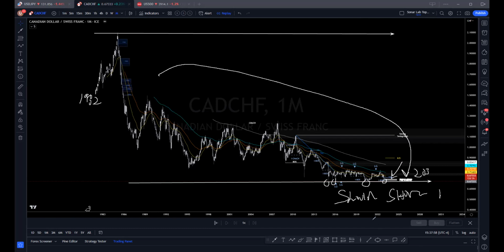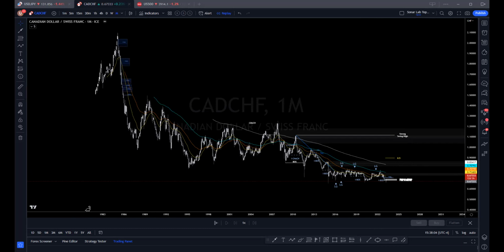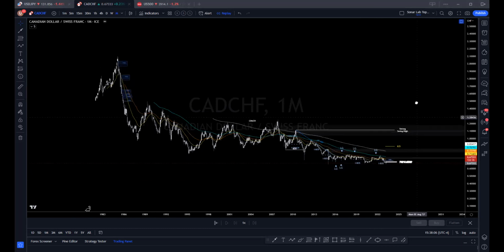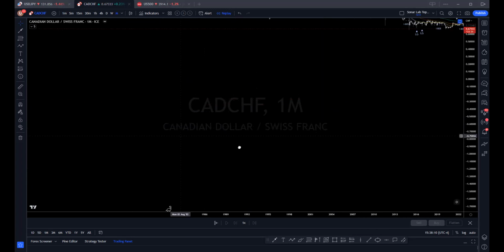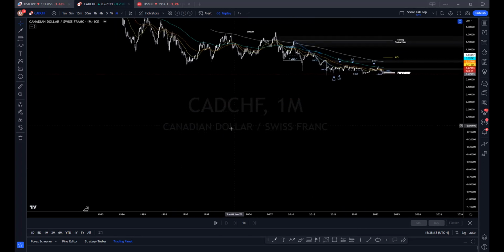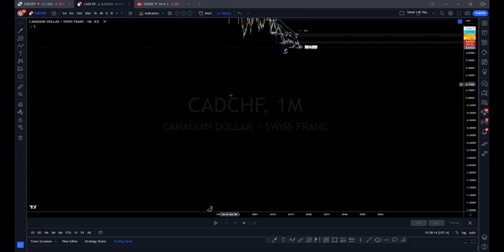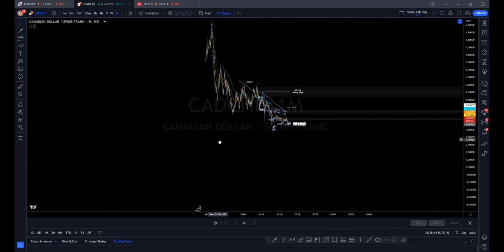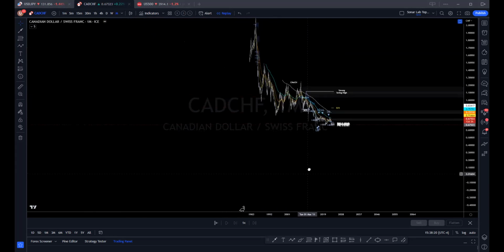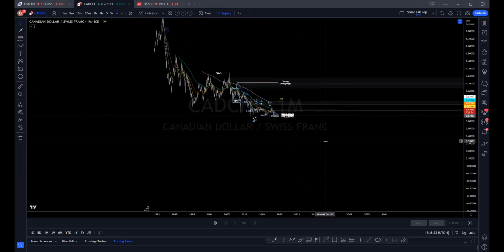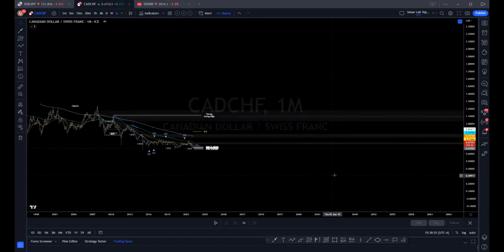To where? Where are you shorting it to? Since 1982, what reference point do you have? I don't see anything below the floor. So nothing's telling me that we should just keep going lower and lower and lower.